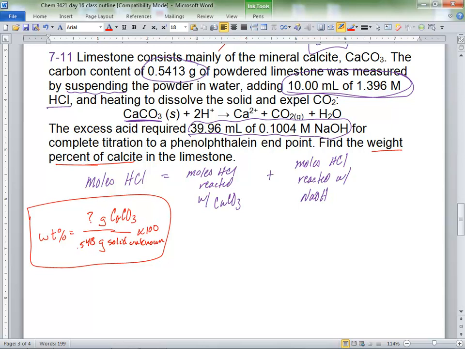So Albert, looking at the writing I have in purple here, which one of these, if we knew it, could we use to get the grams of calcium carbonate? Which one, if we knew it, could we use to get the grams of calcium carbonate?